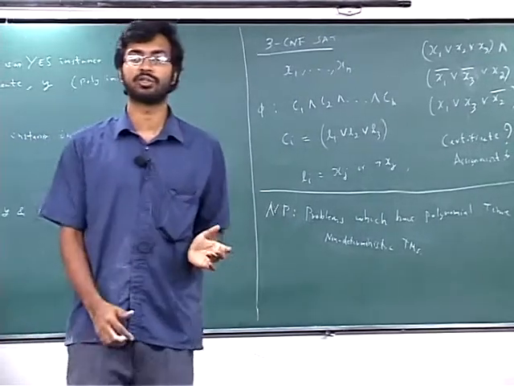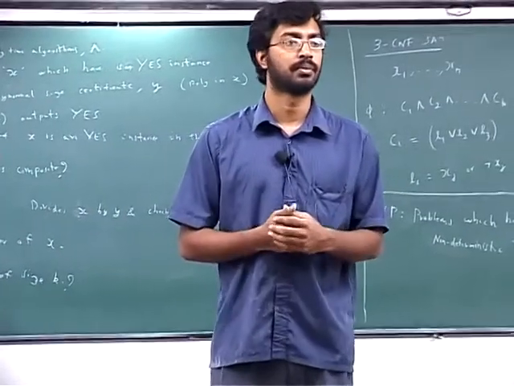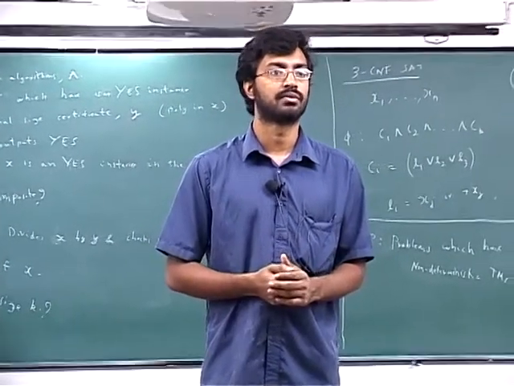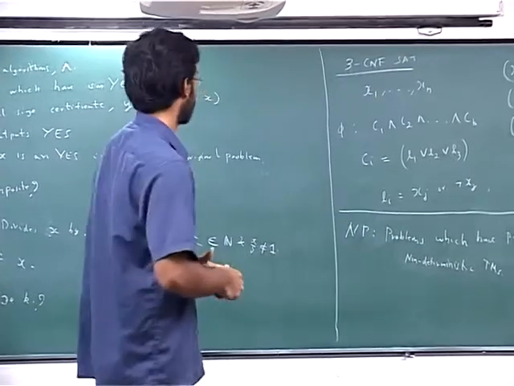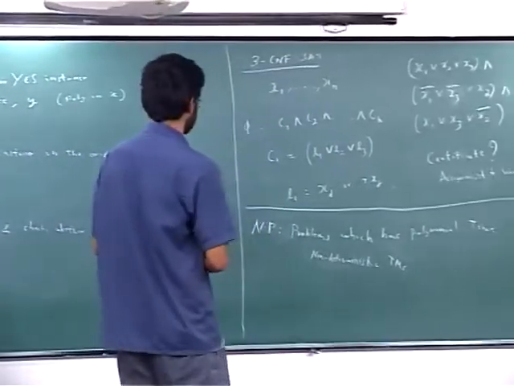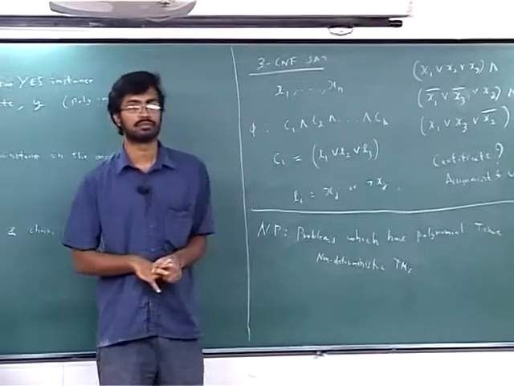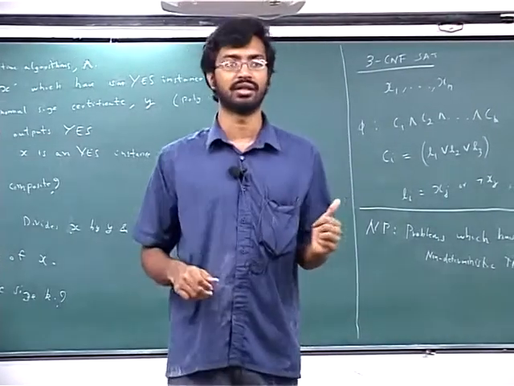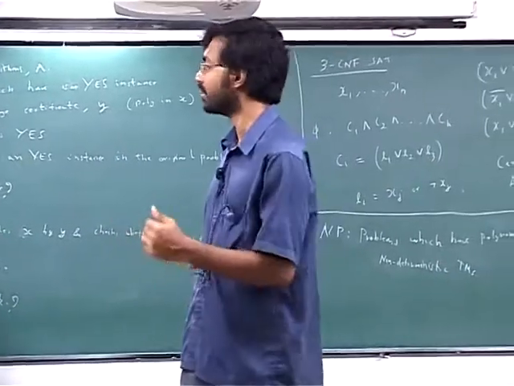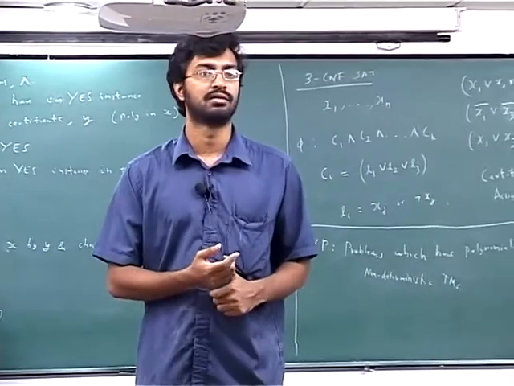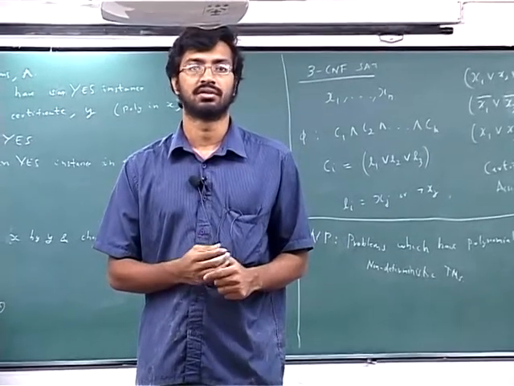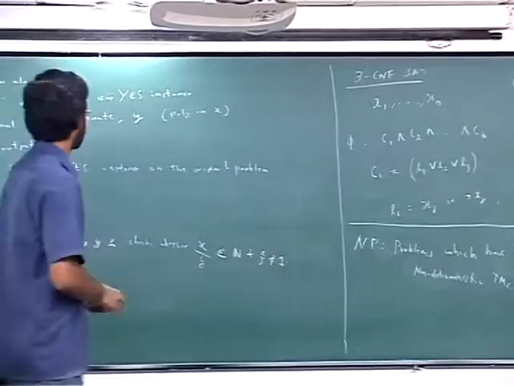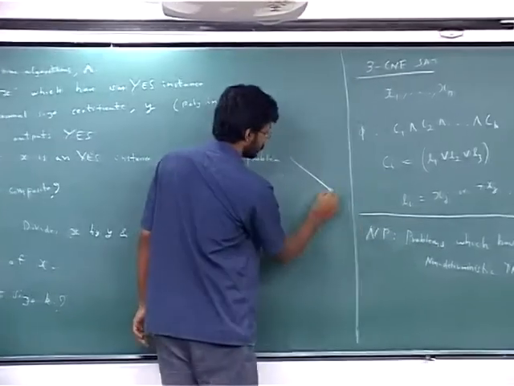You know what a non-deterministic Turing machine is? You have all seen. Okay. So how does this work? Are these two ideas consistent? I claim these two definitions are same.